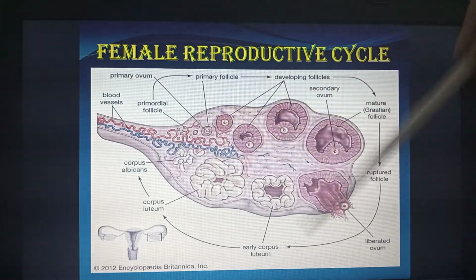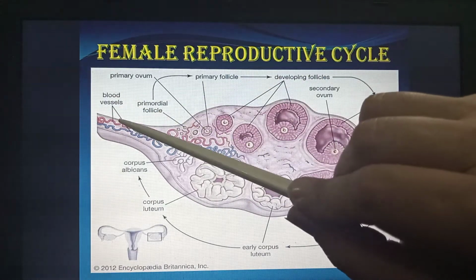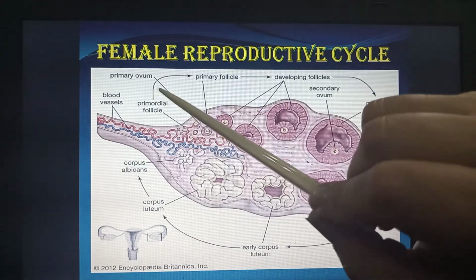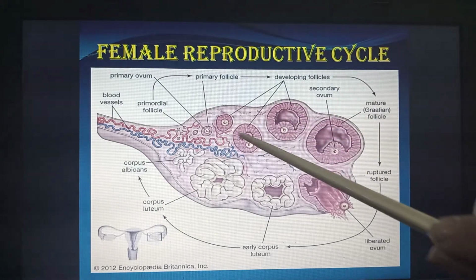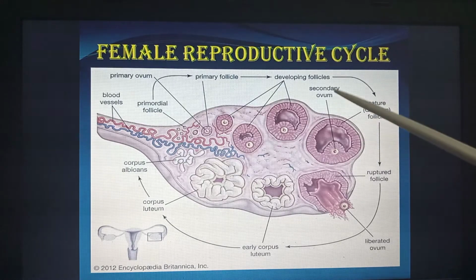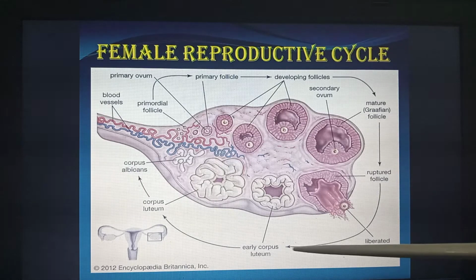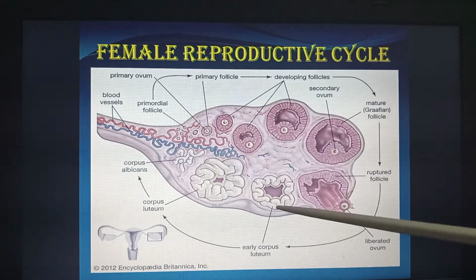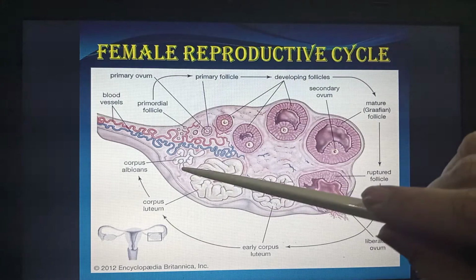You can see here a section of an ovary: blood vessels, primordial follicles, primary ova converting into primary follicles, then developing follicles, then the mature Graafian follicle with a secondary ovum, then ruptured follicles, the liberated ovum, and the early corpus luteum, the remains of the ruptured follicle, and this is the corpus luteum and corpus albicans.